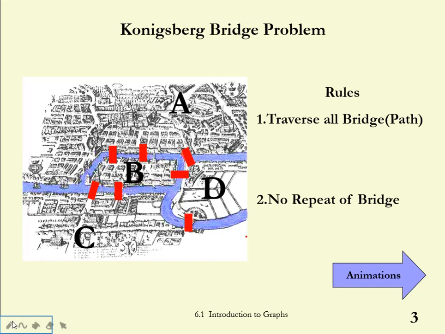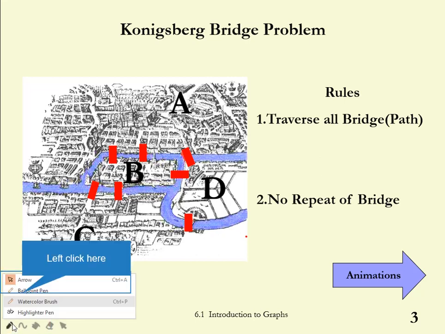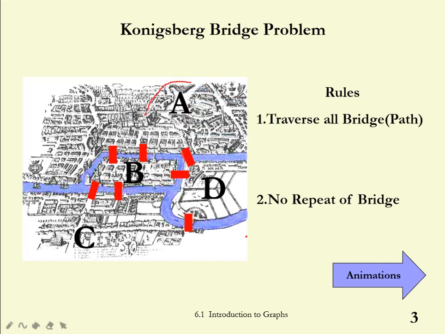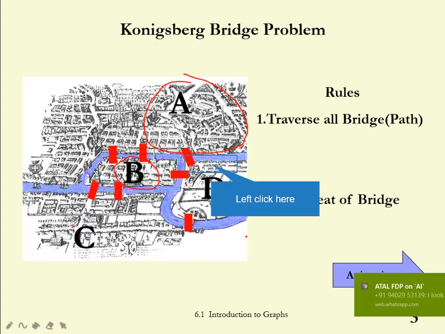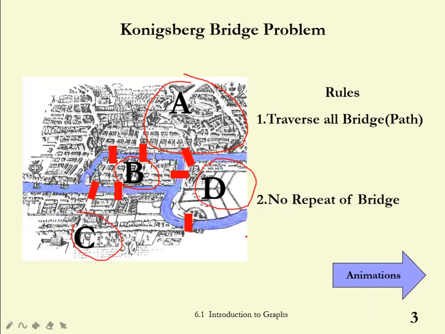So let us take this problem, the Konigsberg bridge problem, isn't it? So here the rules, you can see this in the diagram that you have a landmass A, a landmass B, and landmasses C and D. So there are four landmasses, and all these landmasses are somehow covered by rivers, and they have built bridges over the river, so that one can cross from one landmass to another.